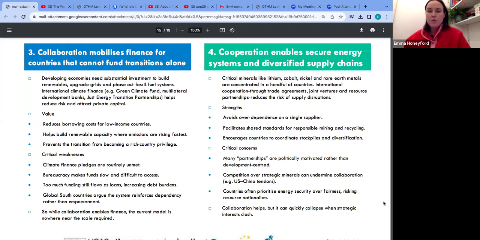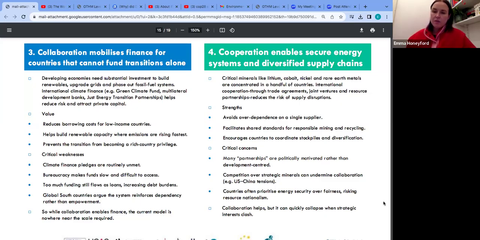For number 4, cooperation enables secure energy systems and diversified supply chains. It makes sense that we cooperate across the world to share knowledge, best practice and technological systems. Critical minerals like lithium and rare earth metals are concentrated in only a handful of countries.